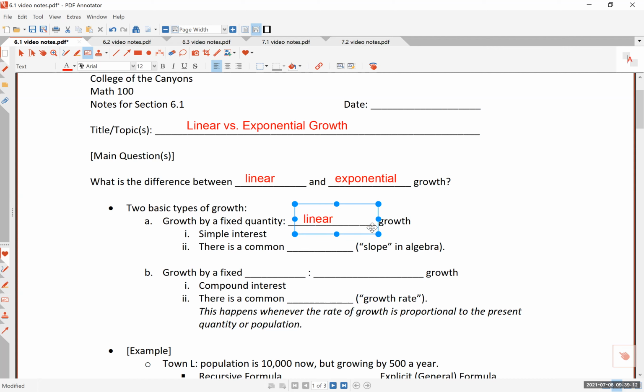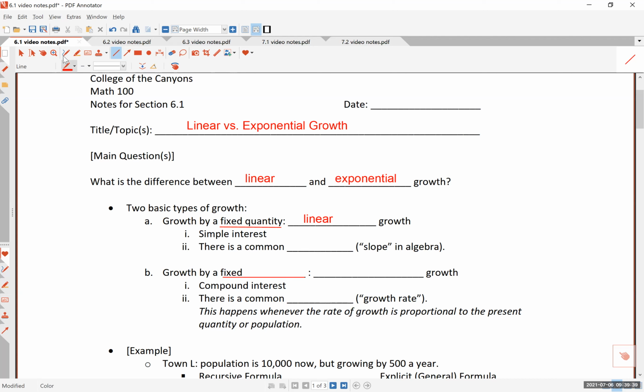First, linear growth. What is linear growth? It is growth by a fixed quantity. Now, you remember back in compound interest and simple interest. Remember, simple interest grows or is added onto the account, and it's always the fixed number of dollars, fixed quantity. All right. So this is the key idea, fixed quantity. As opposed to later we'll see a fixed, well, blank.